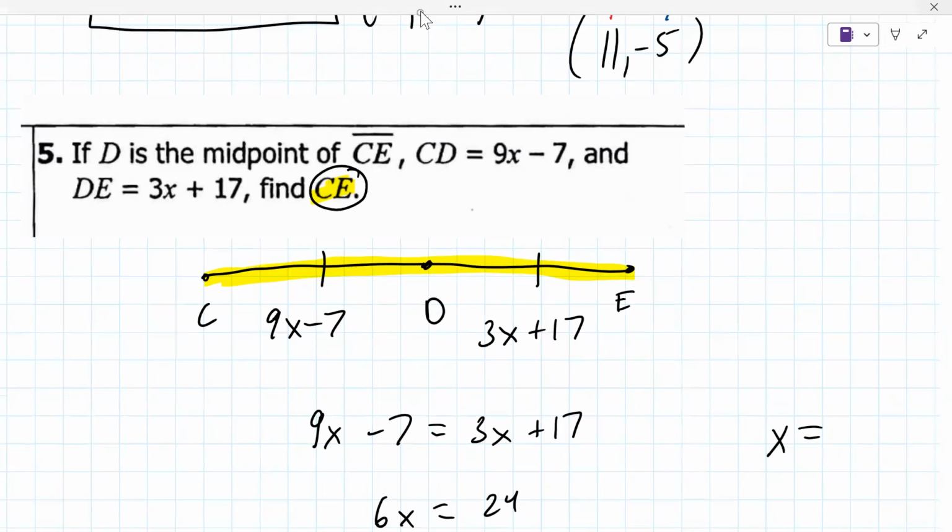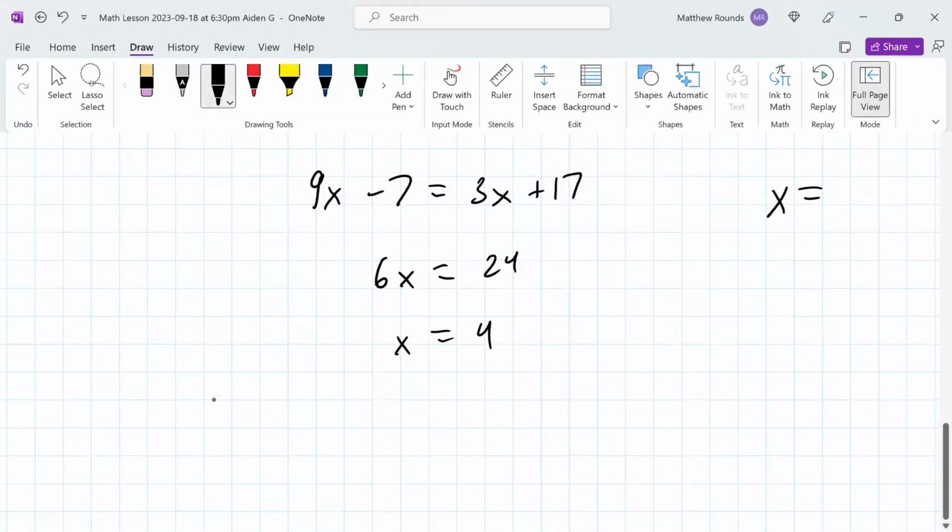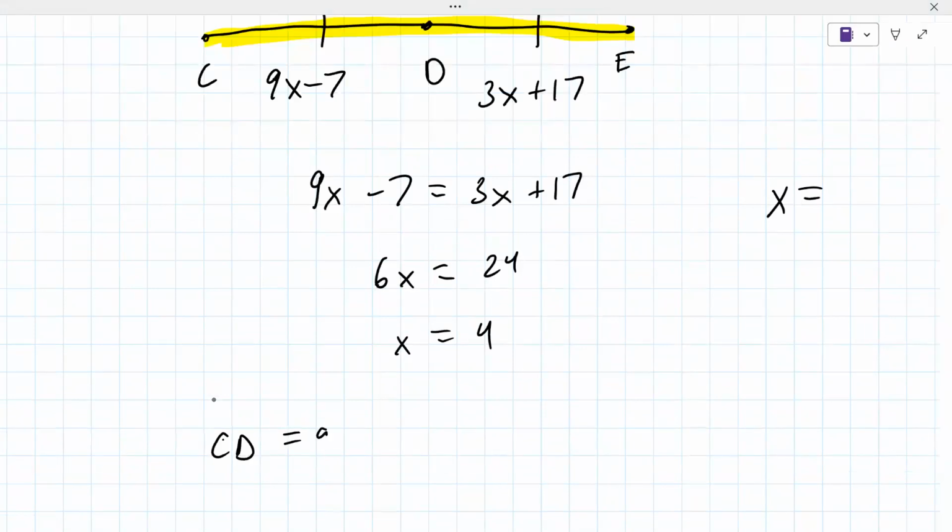Which means you want to find C to D first, or C to E. So C to D is 9x minus 7. So you're going to put that x value in and get the length from C to D. So go ahead and simplify that for us, please.